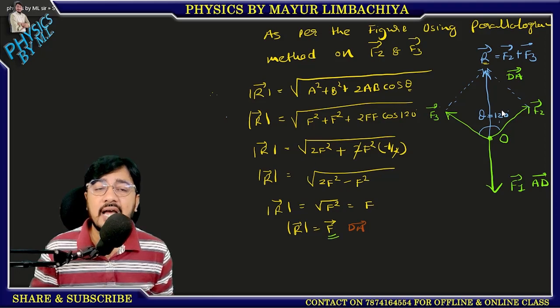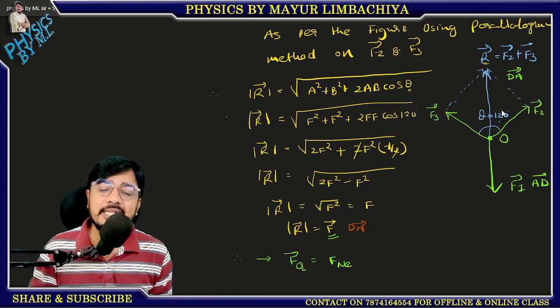Because both have the magnitude f, the same value of f. So can we write f net, net means total, as R plus f1?